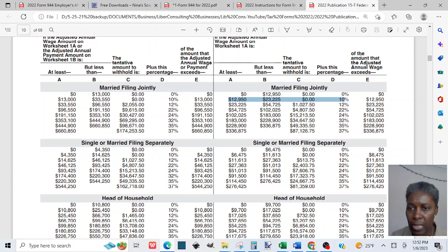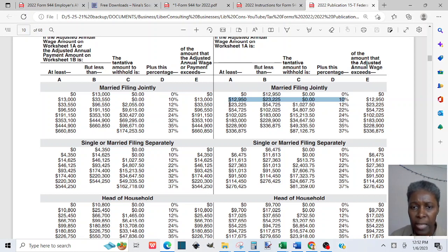The annual wages exceed 12,950. So you take the amount you pay yourself minus 12,950. The result, you take 10% of that, is what you need to withhold from that salary.